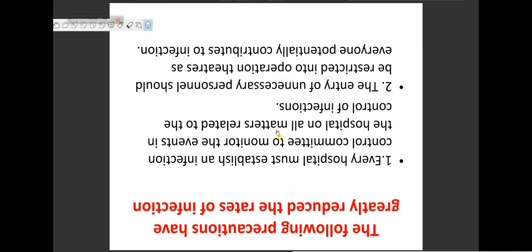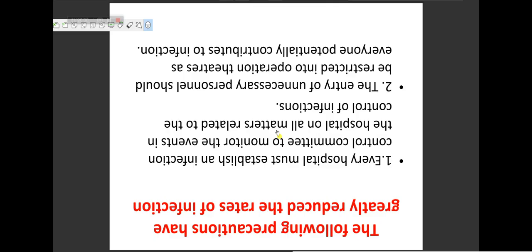The committee will be responsible for these things and will try to do their best so that no infections spread. They will control the infections.